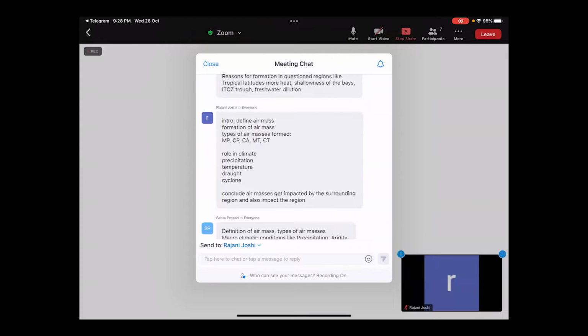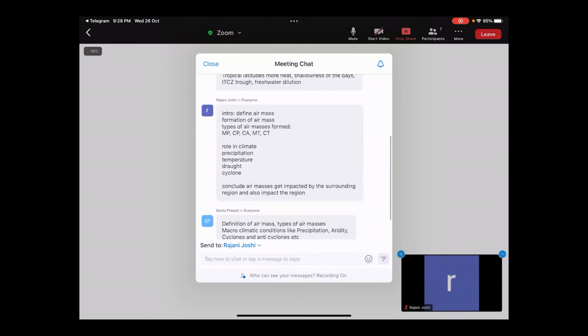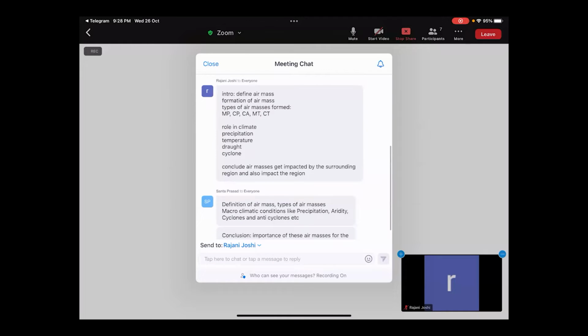You need to mention what is the role in climate, precipitation, temperature, drought, and cyclone. Introduction of air mass. And in this question, the only challenge most of you will obviously face is remembering the technical definition of air mass.